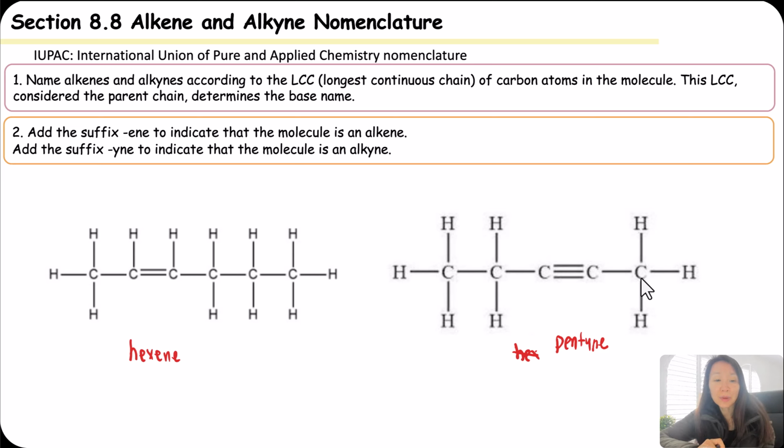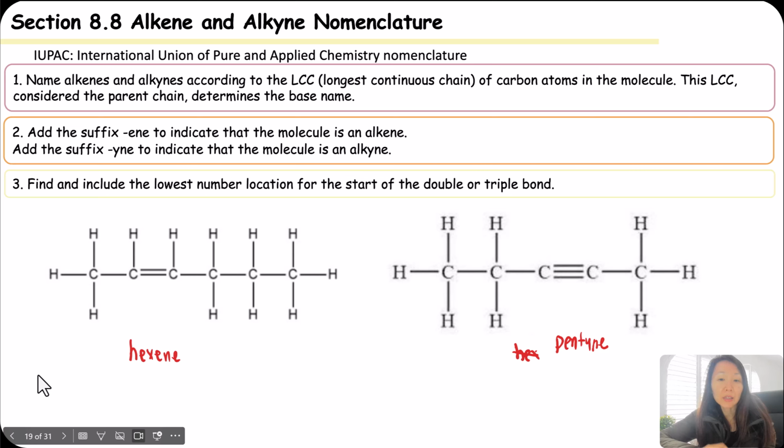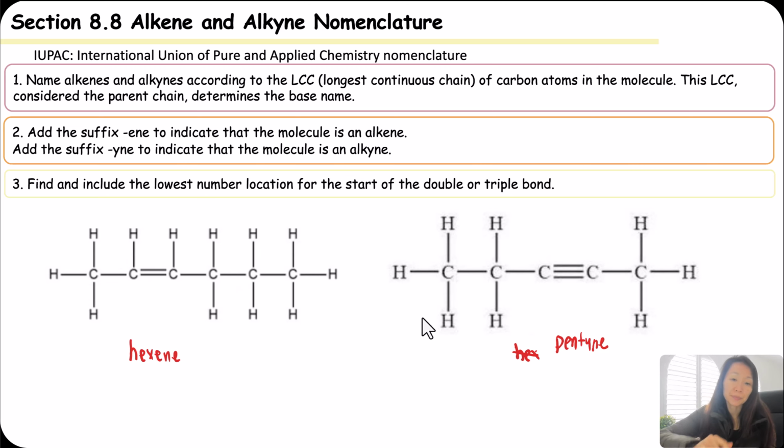In addition, we have to locate where this double bond is located and where the triple bond is located within this entire molecule. We're going to go ahead and number them so that the start of the double bond or the start of the triple bond carries the lowest number. So let's go ahead and number this going from left to right and right to left.